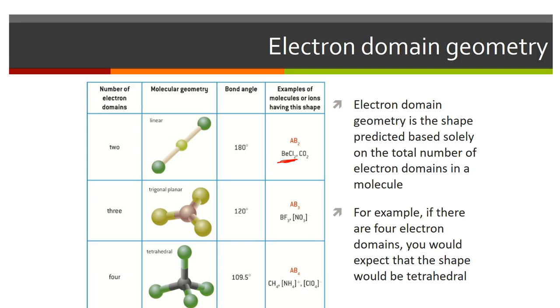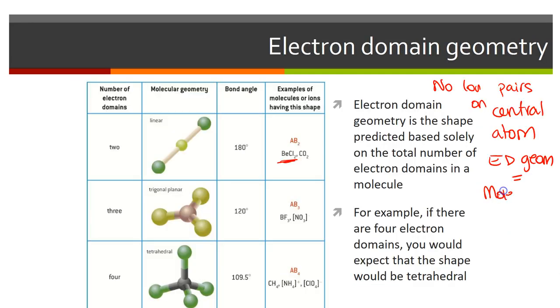Okay, so essentially what we're talking about here is if there's no lone pairs on the central atom, okay, then the electron domain geometry is going to be equal to the molecular geometry.